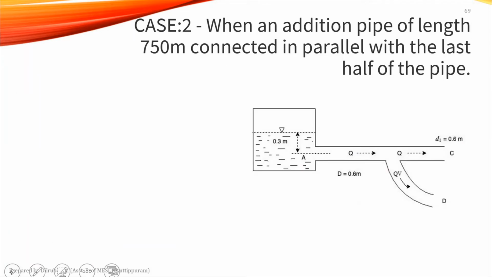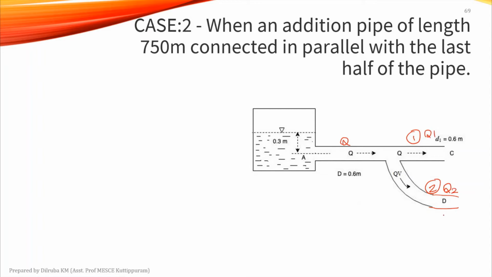That is, we are introducing an additional pipe of length 750 meter in parallel with the initial pipe, with the last half of the pipe. Here we are introducing another pipe. Say this is pipe 1, this is pipe 2, and I am calling the discharge here Q. Here the discharge is Q1 and discharge is Q2 over here.